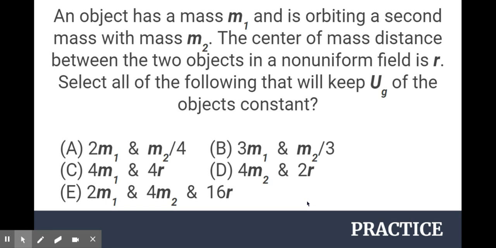All right, 2 answers. In this case, I didn't tell you how many to pick, but there were 2 correct answers: B and C.